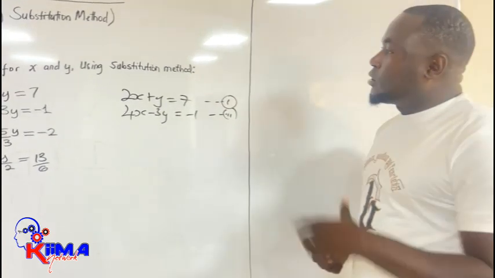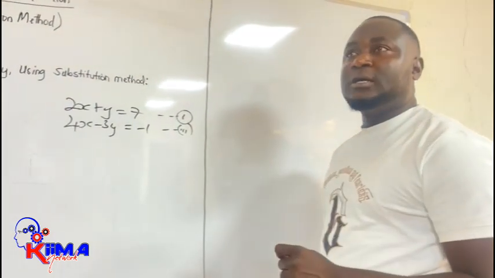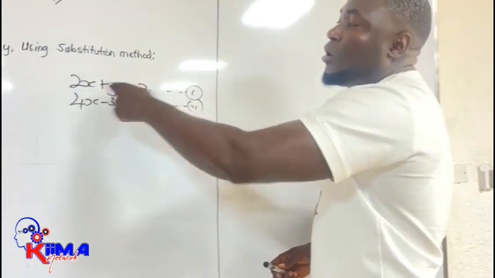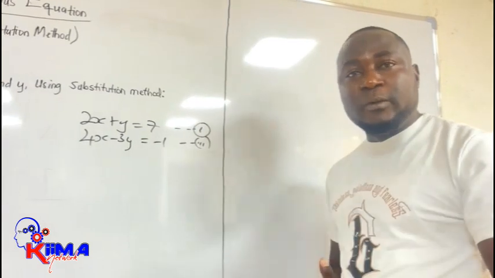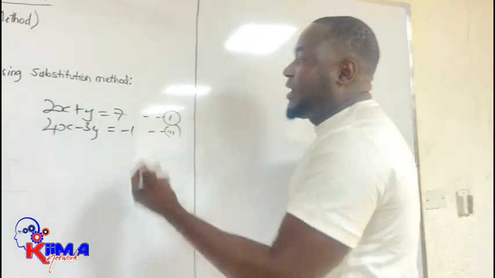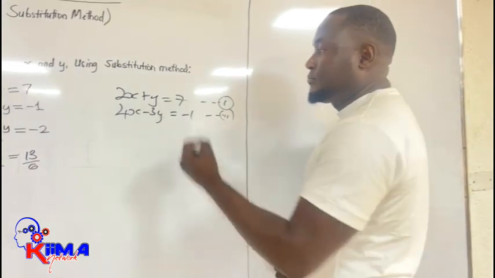In order to solve using the substitution method, we express one of these unknown variables, either x or y, in terms of the other variable.